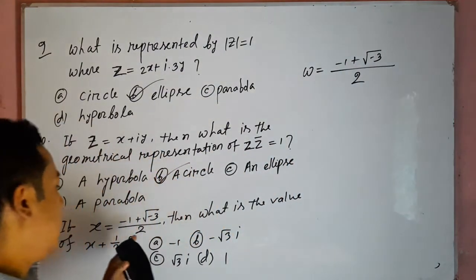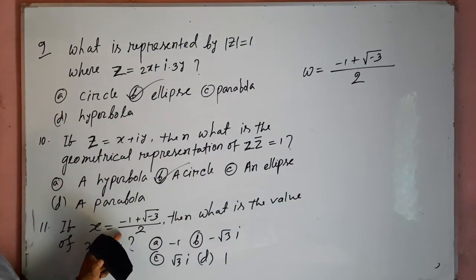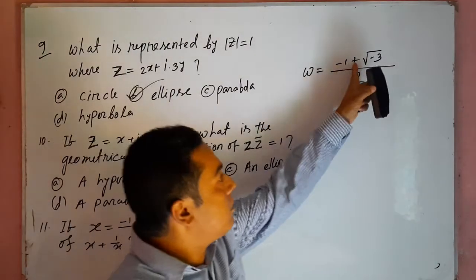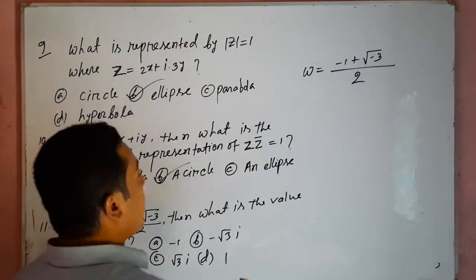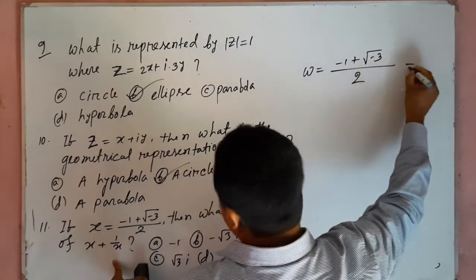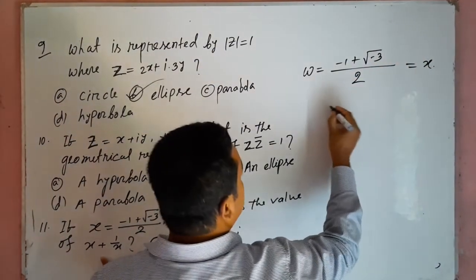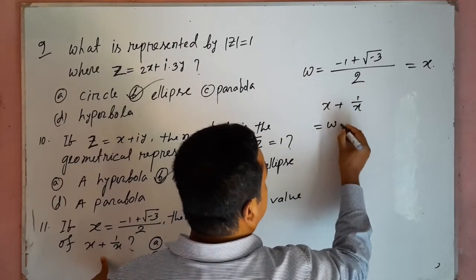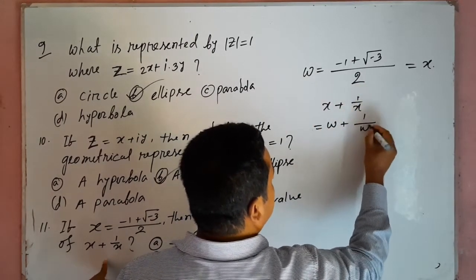This is the complex root of unity. We know this is omega, another one is omega square. Now x is equal to omega, so x plus 1 by x, and 1 by x also be omega.